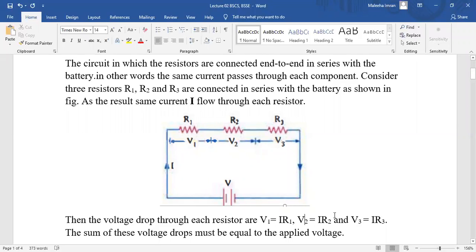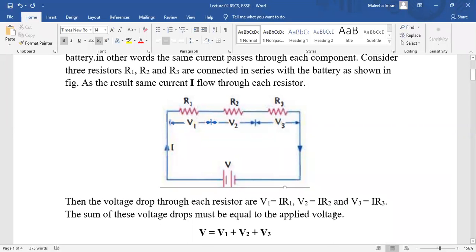Okay, understood? So from here we see what the total voltage will be. Here we can write V is equal to V1 plus V2 plus V3, because your three resistances are connected in series, so the sum of the voltages across each one is equal to the voltage of the battery.